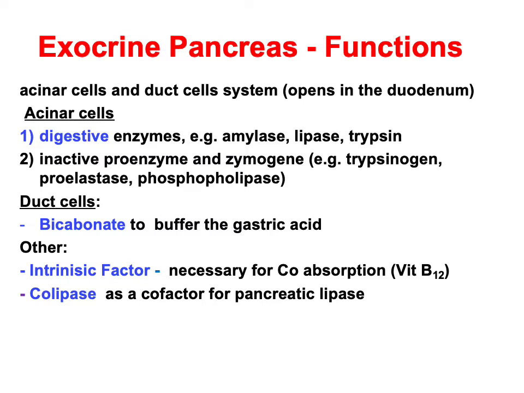This is the reason that in the duodenum the pH will go up to approximately 6 from the gastric tube. Other intrinsic factors are necessary for the cobalamin absorption, for the vitamin B12, and the co-lipase is a cofactor for the pancreatic lipase activity.